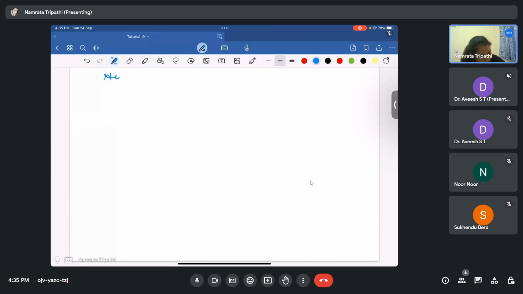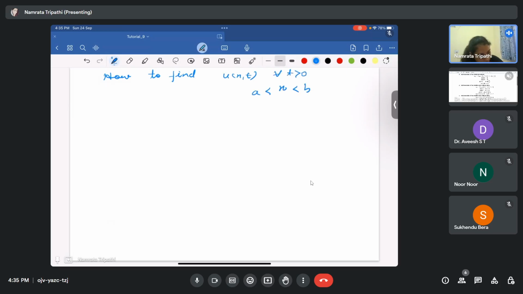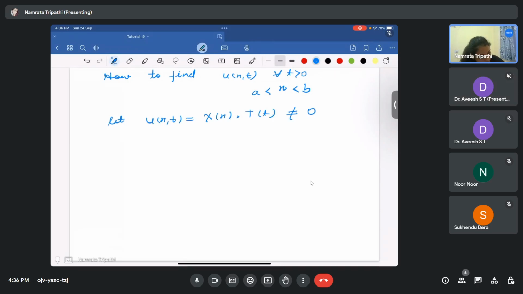So let me write first how to find it for x from some a to b. Fine. In this case, you have to use separation of variable. For this, you can consider u(x,t) = X(x)T(t), which is not equal to 0, as a solution.